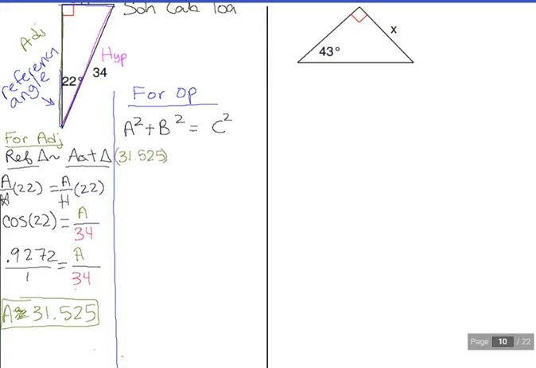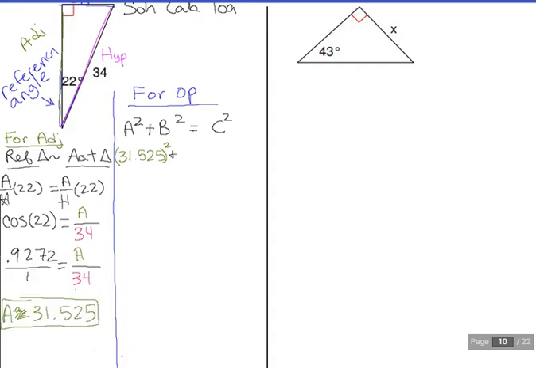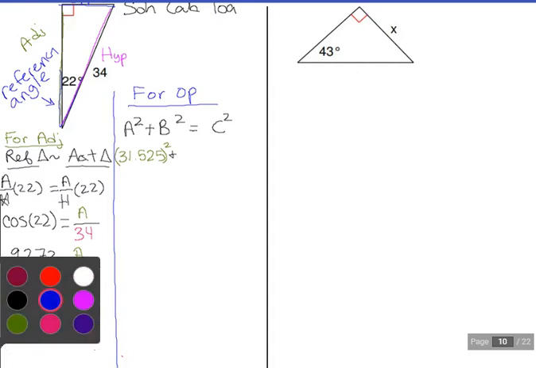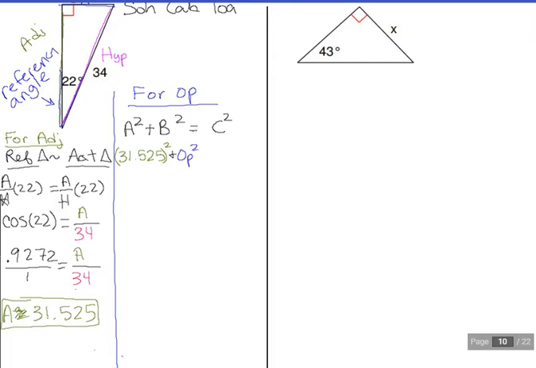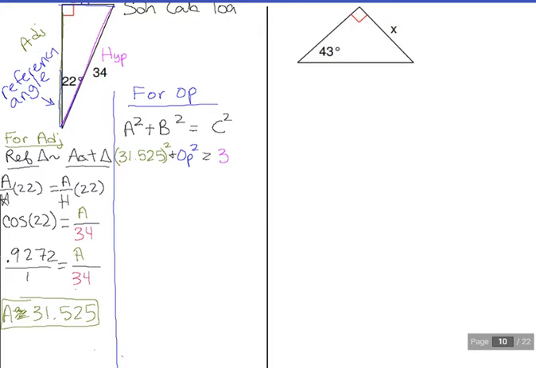Okay, we'll square that, and add that to the opposite side, which we're trying to find. That's going to be OP squared, essentially like our X value. And then we were given the hypotenuse to be 34, so that's 34 squared.